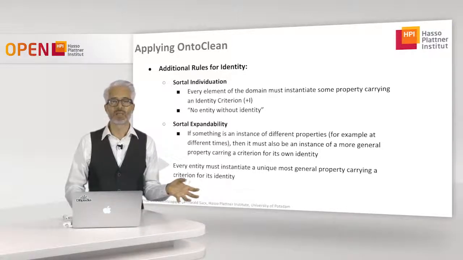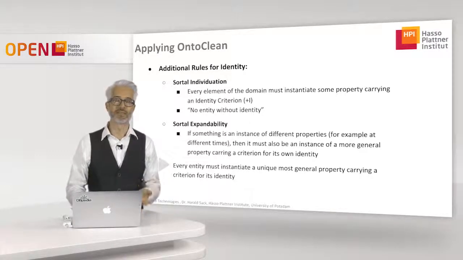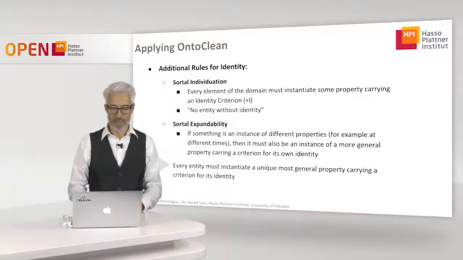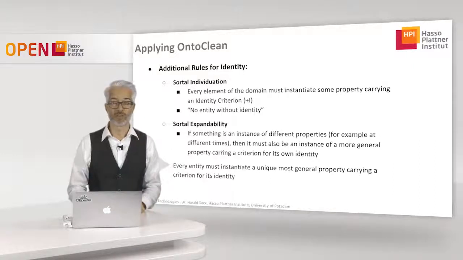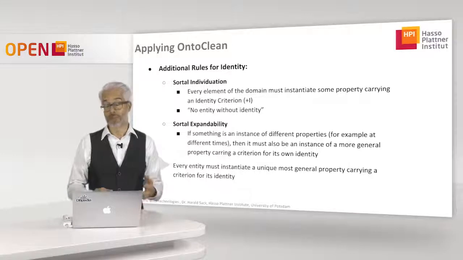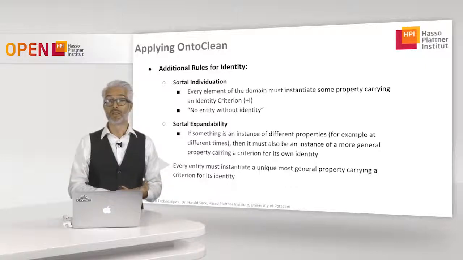So every entity must instantiate a unique, most general property carrying a criterion for its identity. So you need these identities and they must be there, and you must consider them, of course, during the modeling of your ontology.